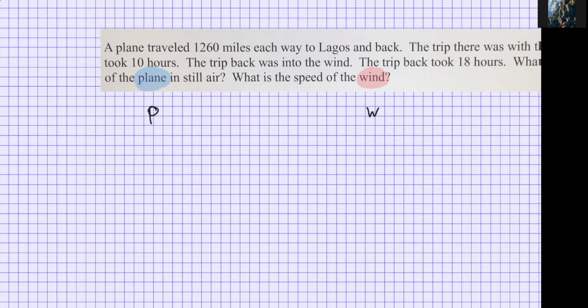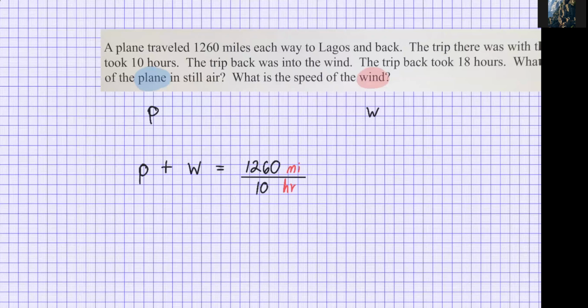So in the first idea, we have that the speed of the plane and the speed of the wind, because they were going in the same direction, they covered 1,260 miles. There we go. They covered this distance in 10 hours.